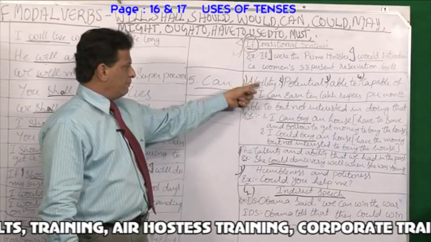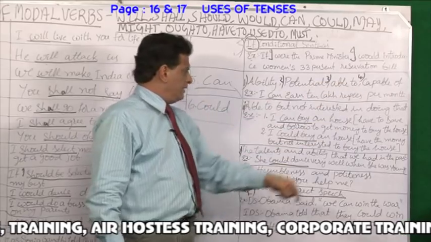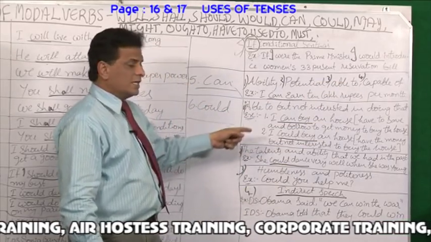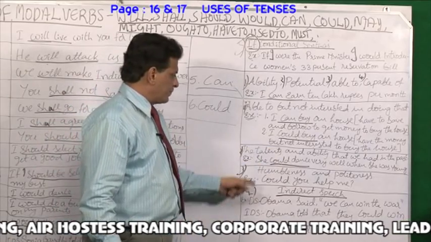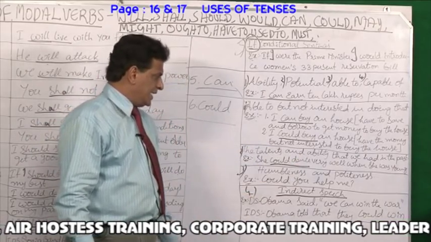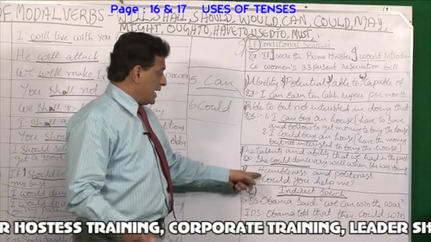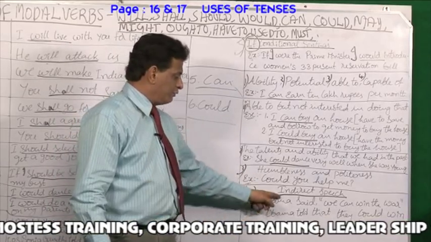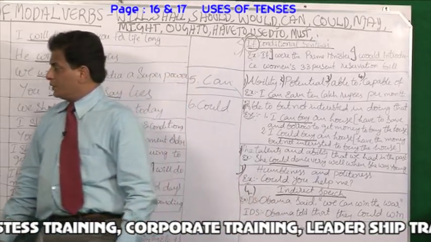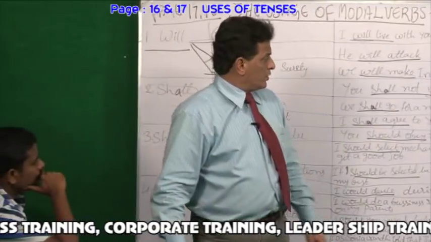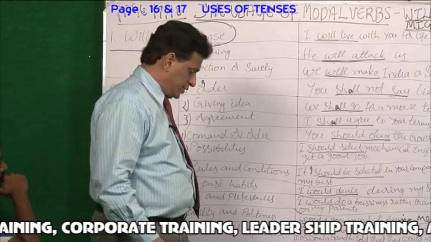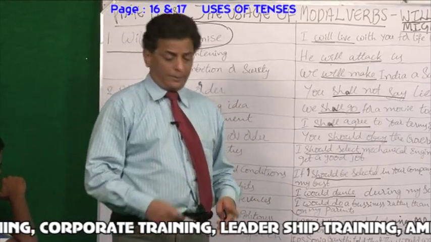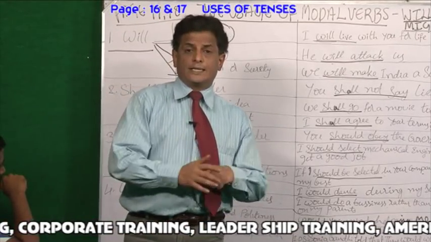Can is used for ability, potential, able to, capable, and could is used for he can do that but he is not interested, talents and abilities that we had in the past, not now, humbleness and politeness, and for indirect speech. Hope you are able to understand the 6 modal verbs which you have seen now. You should try to use it in your day-to-day conversation, written and spoken.